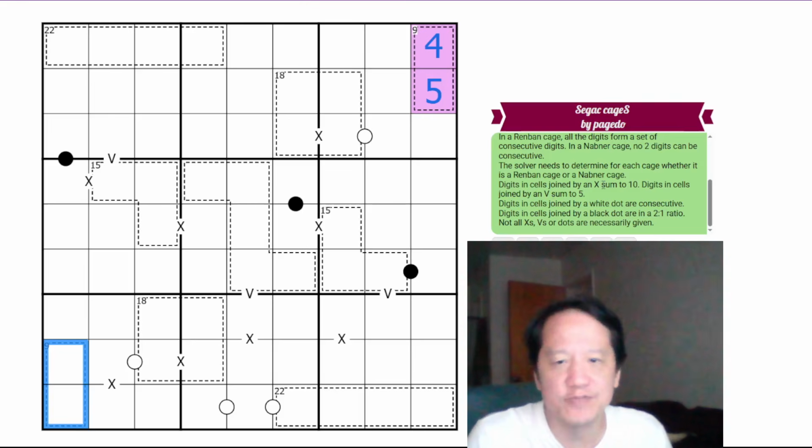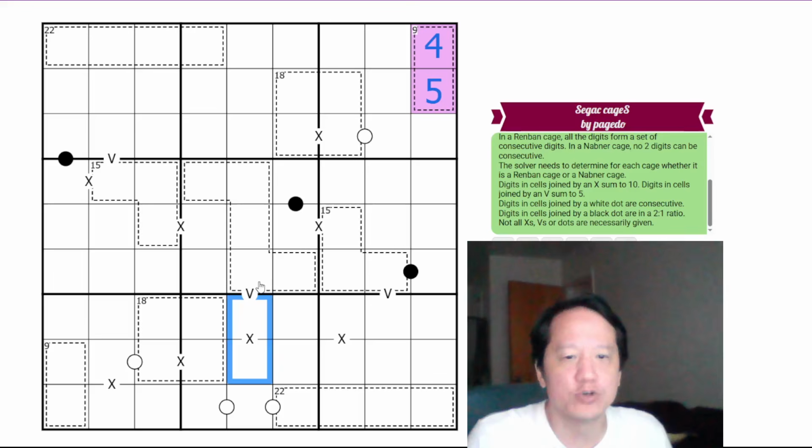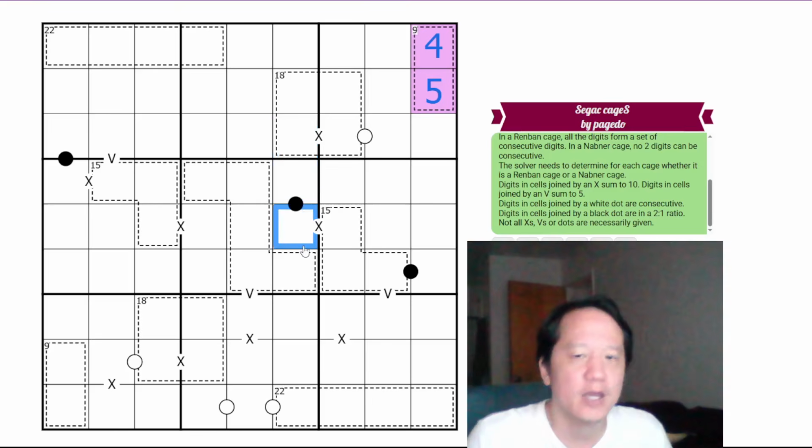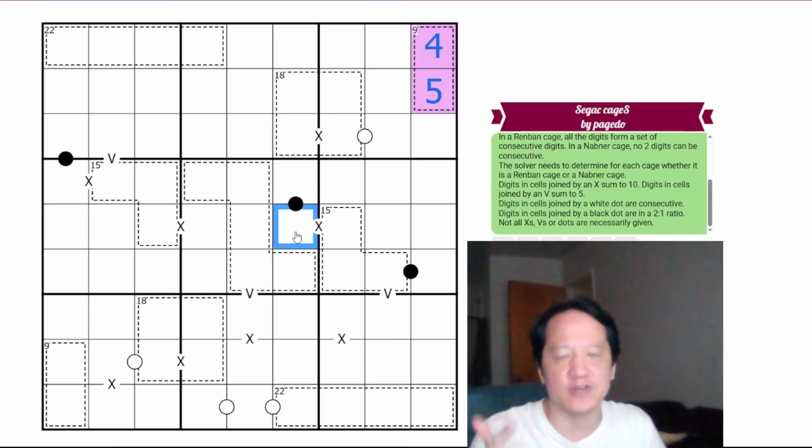We also have digits in cells joined by an X sum to 10, digits in cells joined by a V sum to 5, digits in cells joined by a white dot are consecutive, and digits joined by a black dot are in a 2-to-1 ratio. And not all X's, V's, or dots are necessarily given.